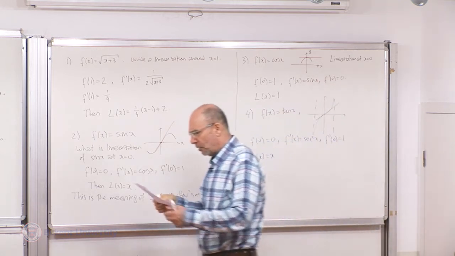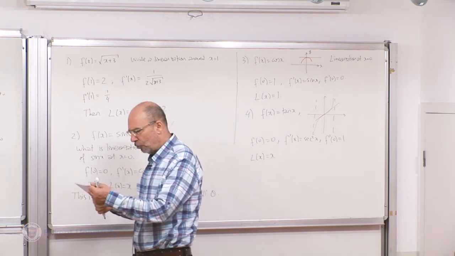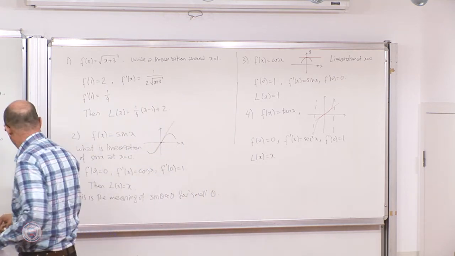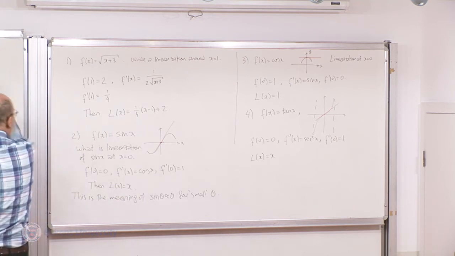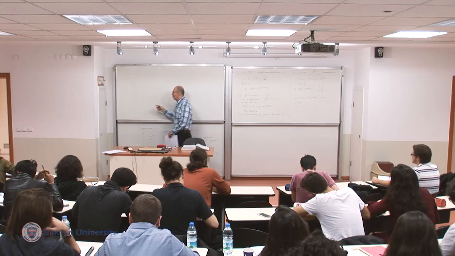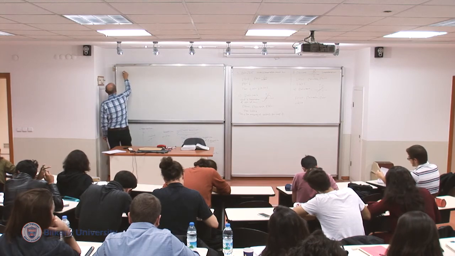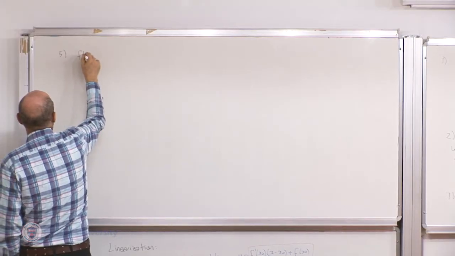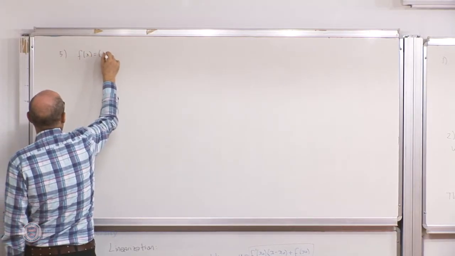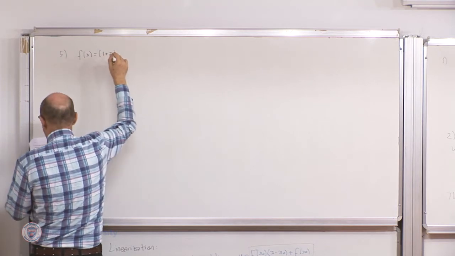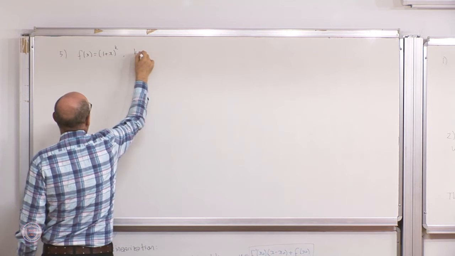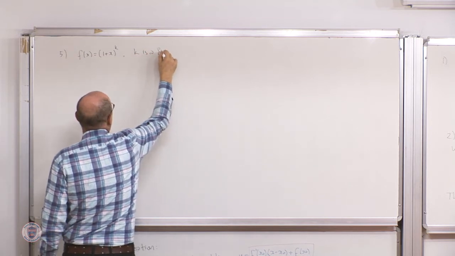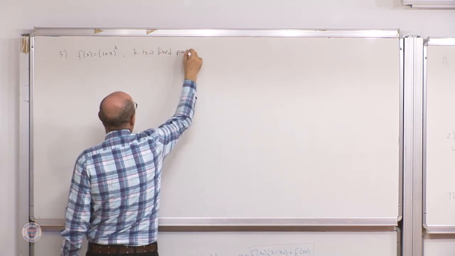Let us look at this function, kth root of 1 plus x. So let's see how it works. This is another thing we are expected to do in all sections. So f of x is equal to 1 plus x to the power 1 over k, where k is a fixed positive integer.